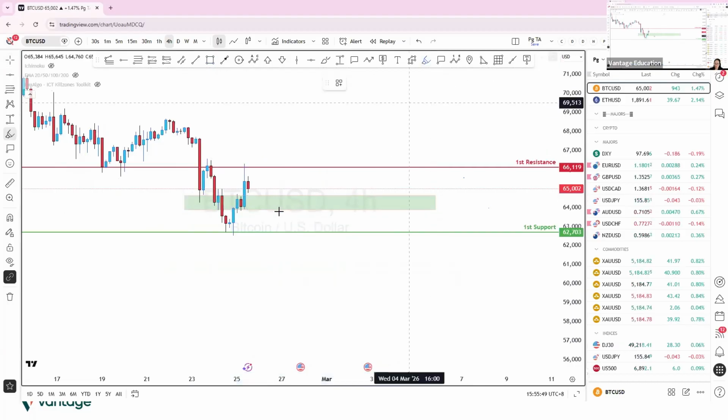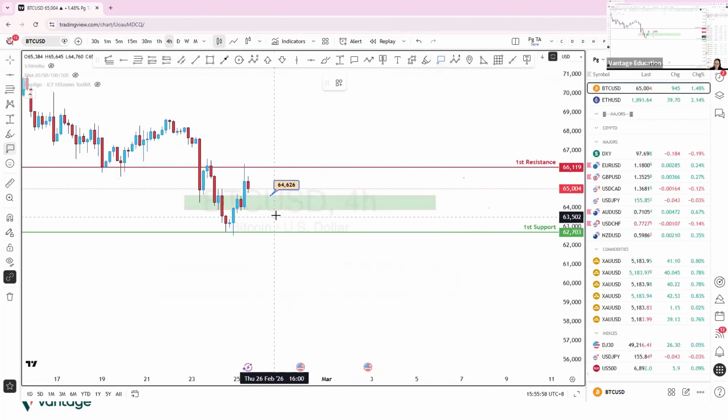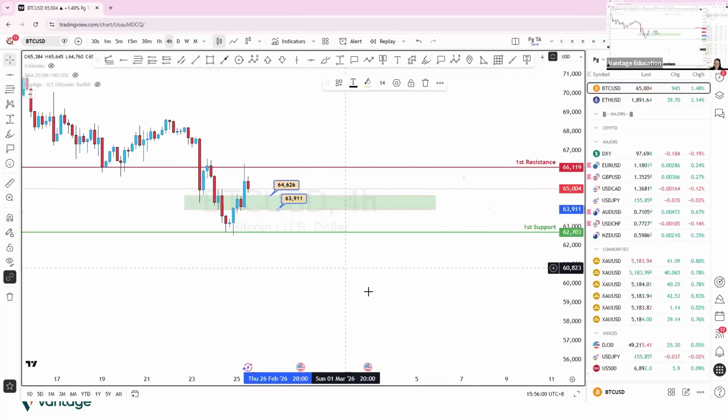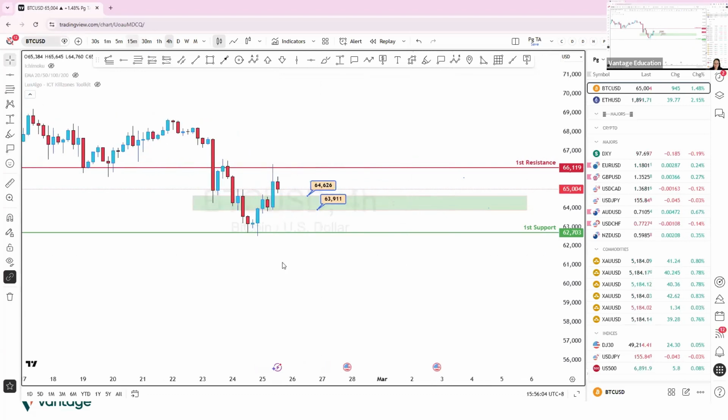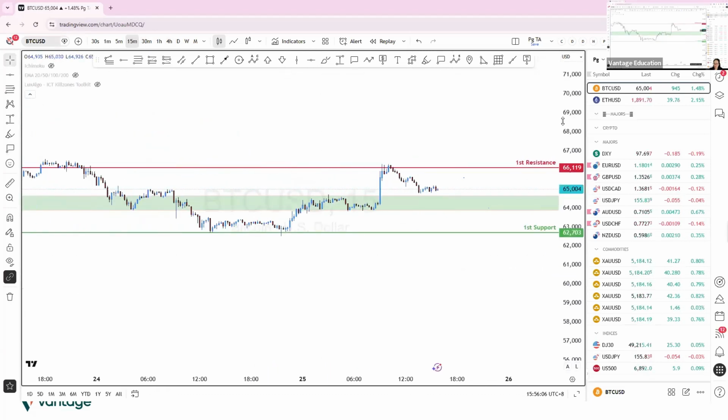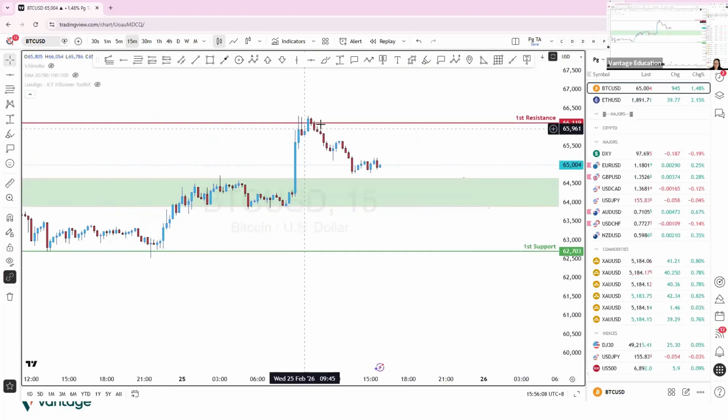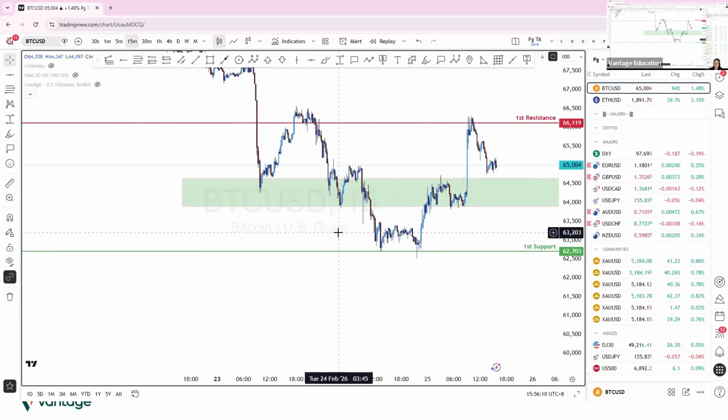If you want to buy BTC, you can buy at this price, 63,000 to 64,000. You can see the break, then pull back, then you buy.